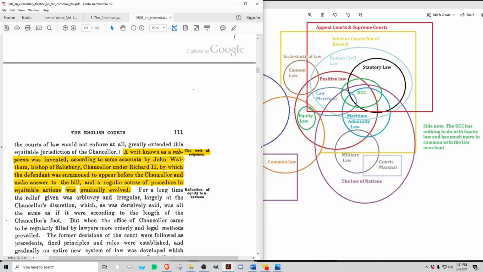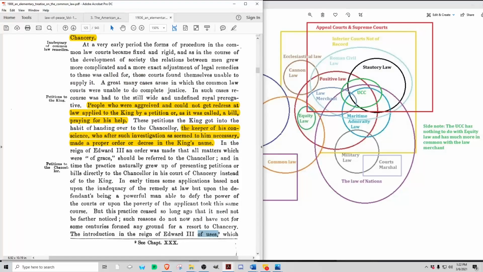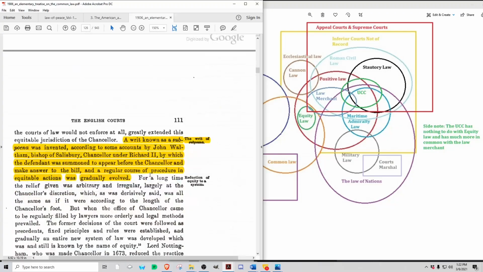A writ known as a subpoena was invented, according to some accounts, by John Waltham, Bishop of Salisbury. So a writ known as a subpoena was created by a priest who was also an attorney who was holding the conscience of the king to summon the dead before him.